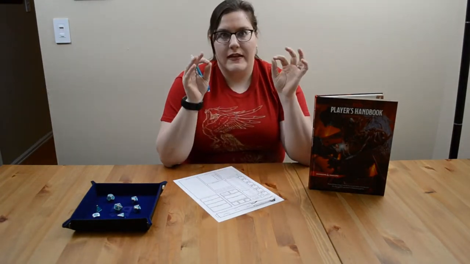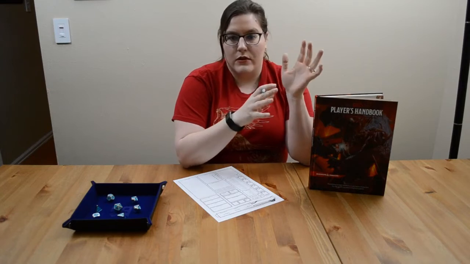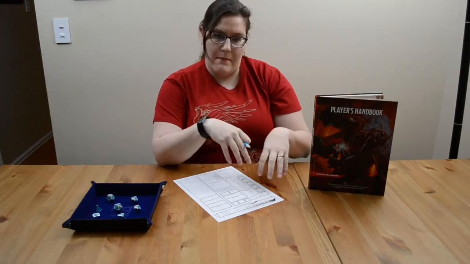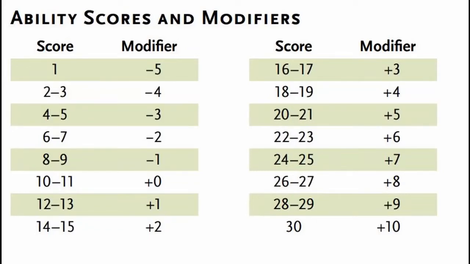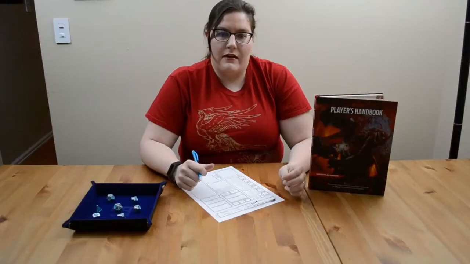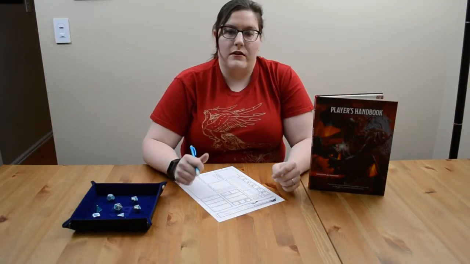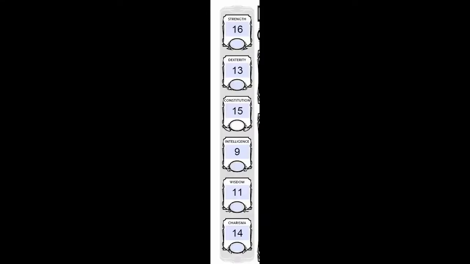Now, we need to translate these ability scores into ability modifiers. Here is a chart on screen showing the conversion rate of scores into how large of a modifier that is. Starting out with the ability modifier bonus for being a human character, we have scores of 16, 15, 14, 13, 11, and 9.